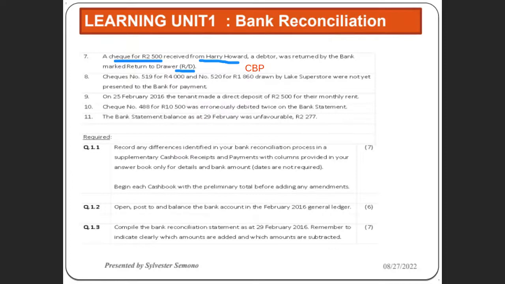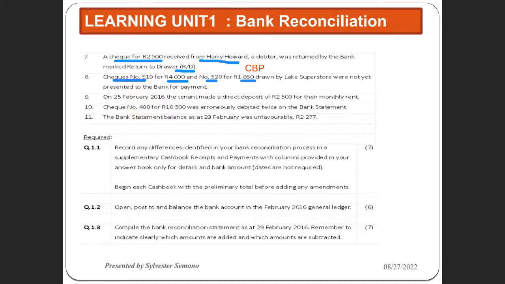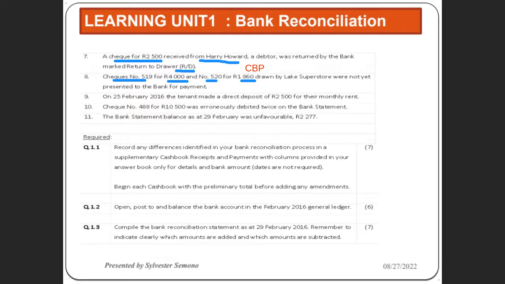Okay, so let's go back to the question. Let's go to number 8. They say a check 519 of 4,000, check 520 of 1860, drawn by us. Remember, we are the business, so we issued these checks.